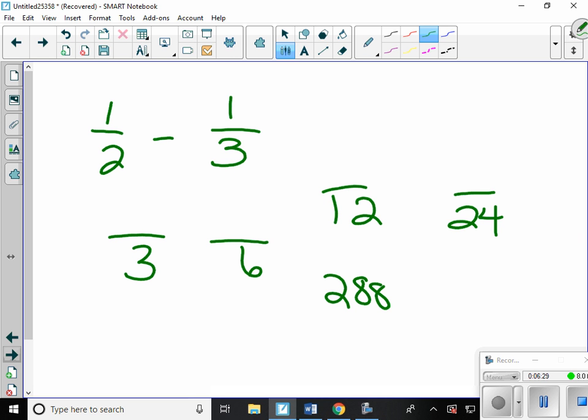But when you do your T-chart, you'll find that your least common denominator is really 6. Is 12 wrong? No, it's not wrong. 18's not wrong. 12's not wrong.